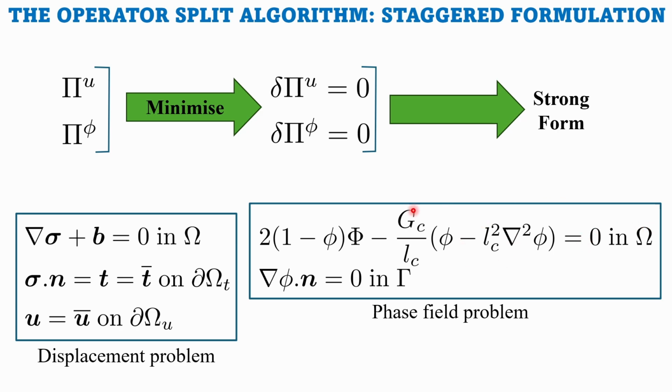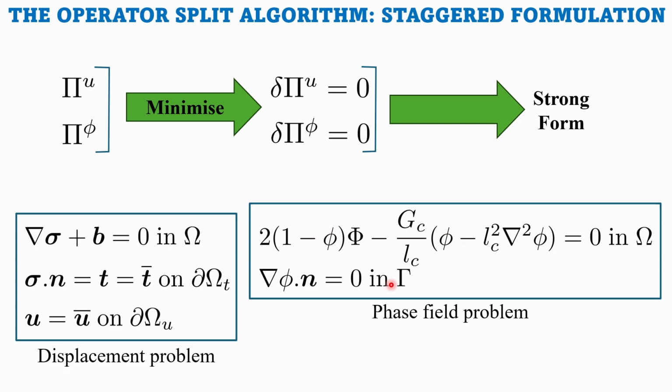This GC, being a material parameter, will resist crack growth. And when the previous term is equal to the term containing GC, that means it has already reached criticality, so it is overcoming the crack growth resistance. So this second term is your crack resistance term and this term is your crack driving term.